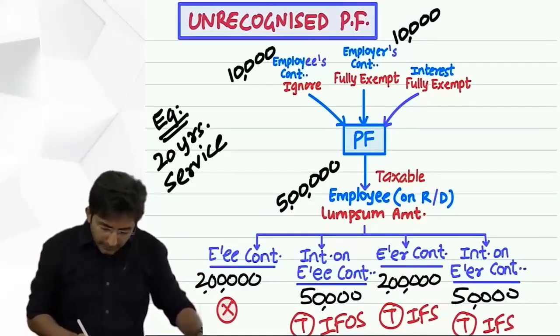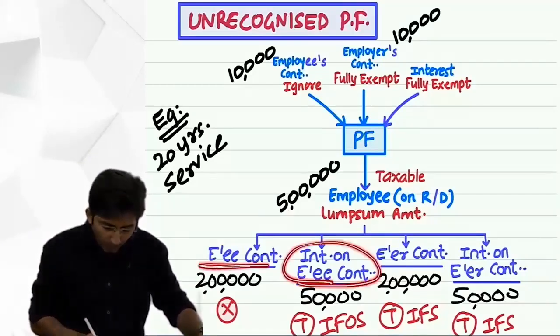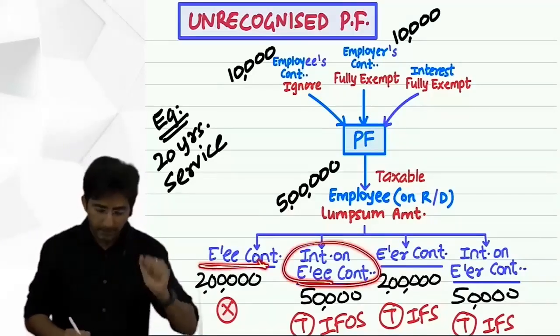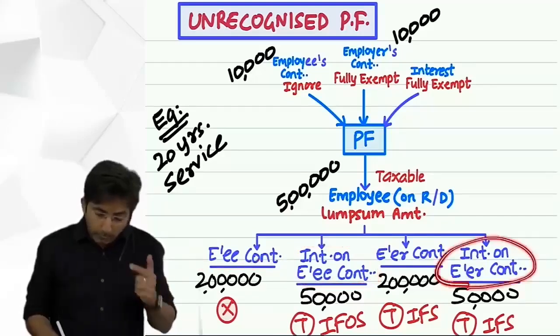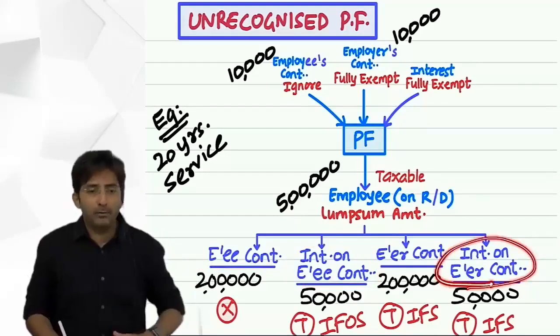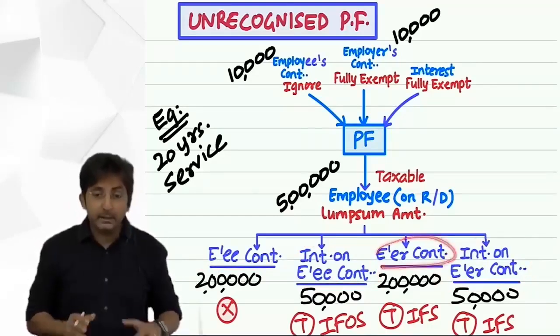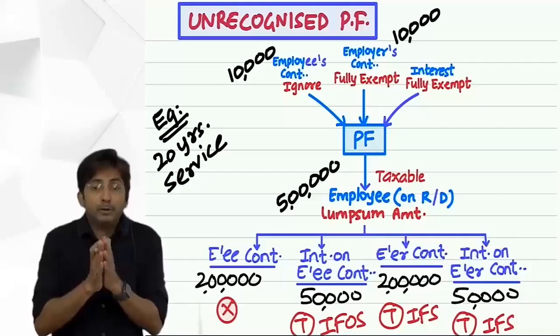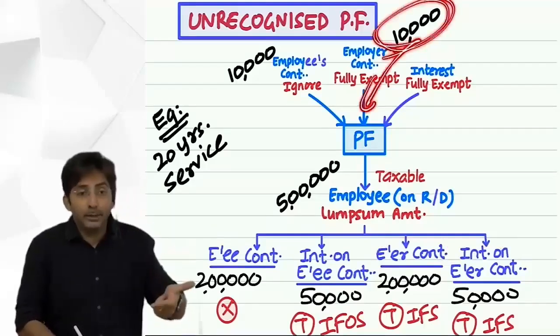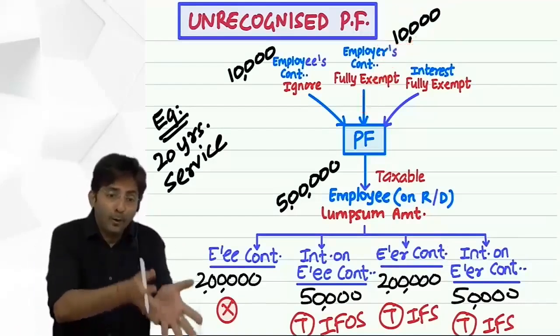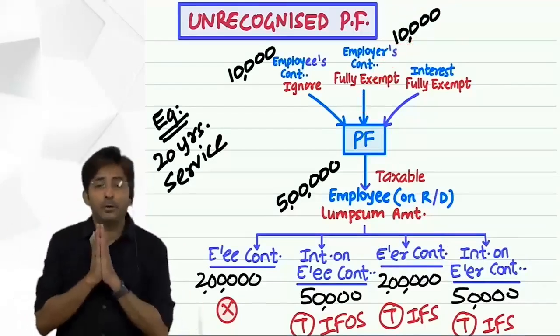So this interest is purely on your own savings. But what about this interest? For this interest, you will feel like thanking your employer. You will tell your boss, thank you boss, every year you used to contribute 10,000 for me, and because you contributed, interest also came on that. Thank you boss.